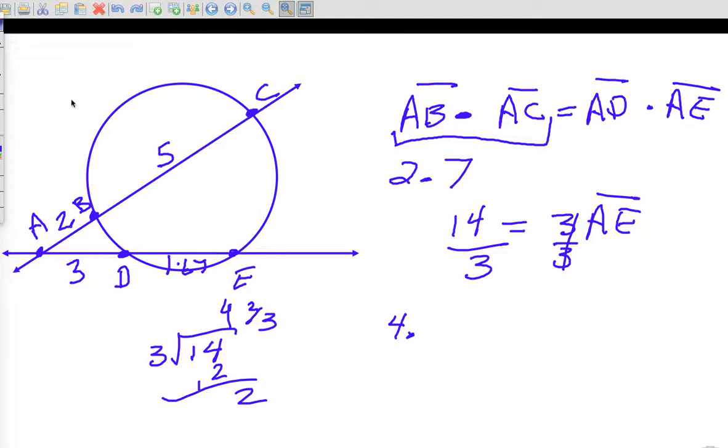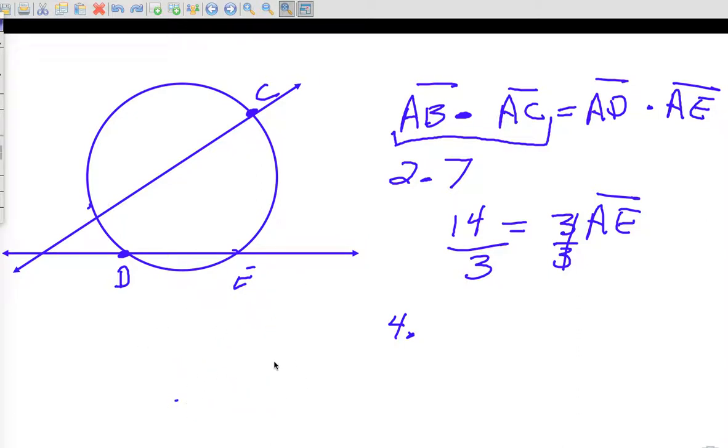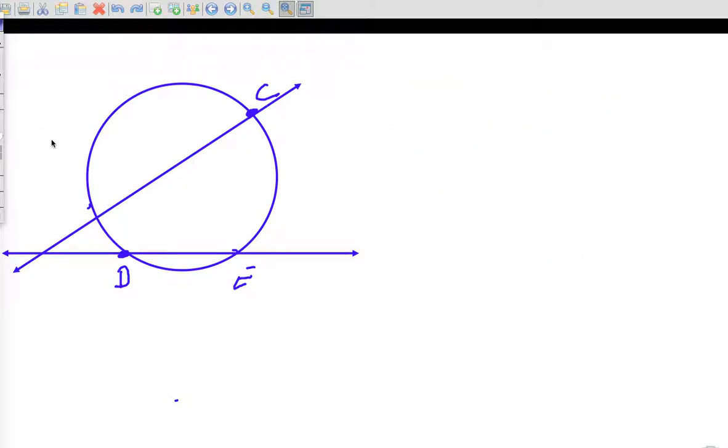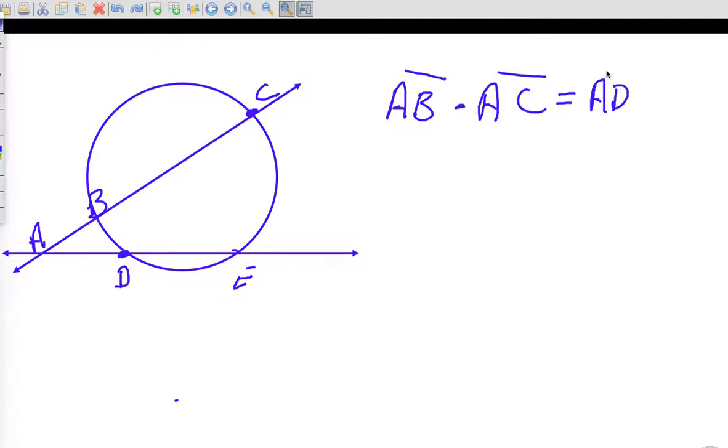Okay, let's look at another one of those. Again, let's look at this relationship. Segment AB times segment AC is equivalent to segment AD times segment AE.